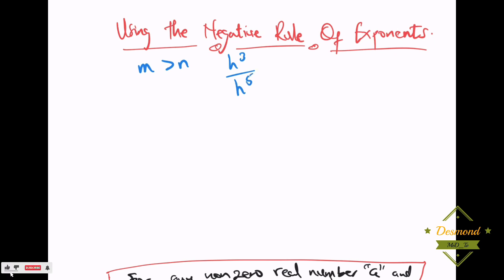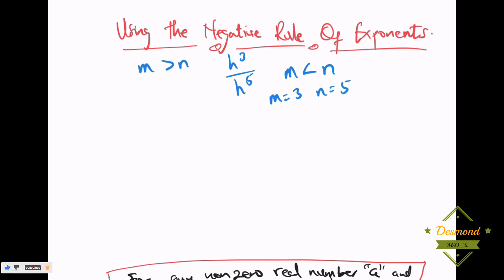When m is less than n, where here m is 3 and n is 5, which is when the difference m minus n is negative, we can use the negative rule of exponent to simplify the expression to its reciprocal.